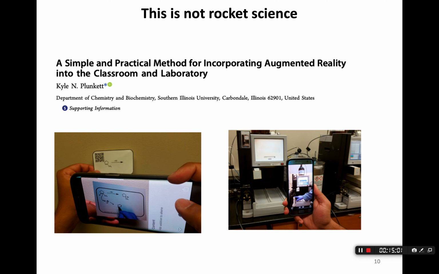As an incoming professor, I'm also thinking about how I can attract students' attention in the classroom. In my opinion, virtual reality and, in a lot of cases, augmented reality are going to be very helpful to help people understand and also attract students' attention.